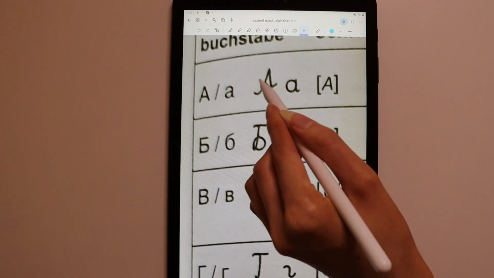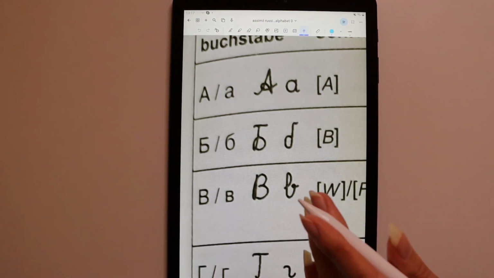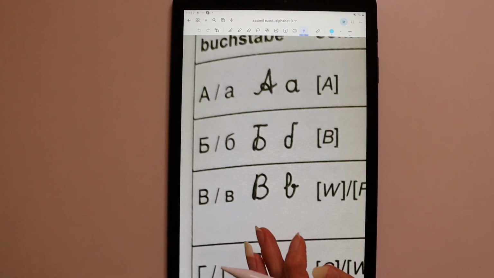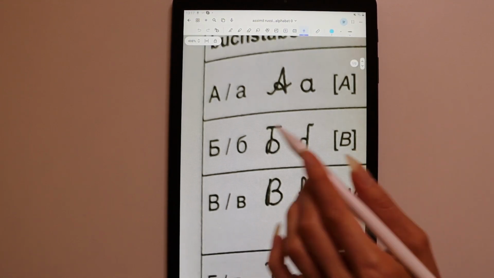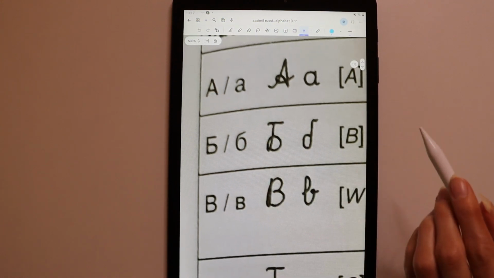Maybe not exactly like this, not always exactly how they learned in school. Later on they will develop their own unique handwriting, but still Russian is written in the cursive letters and no one really writes in the block letters.